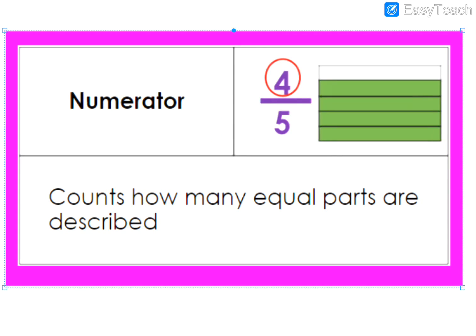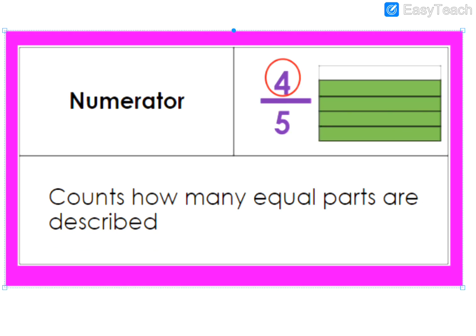The first word that I want to go over as a quick reminder is what the numerator actually is. It counts how many equal parts are being described. If you look at this picture, you see that there are 5 equal parts, but the 4/5 is describing how many parts of the 5 are being shaded.